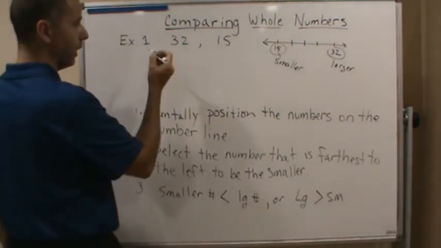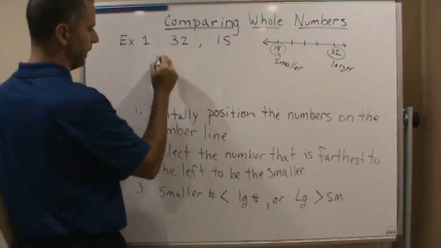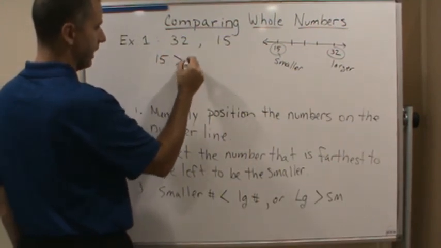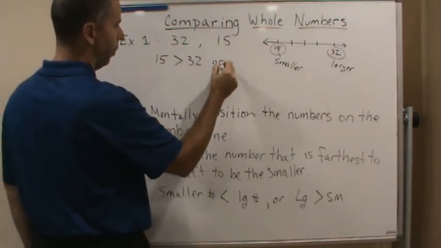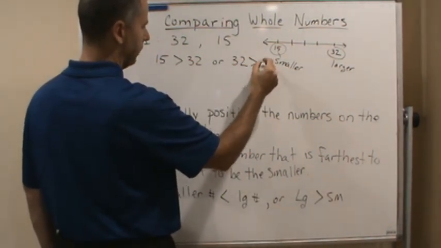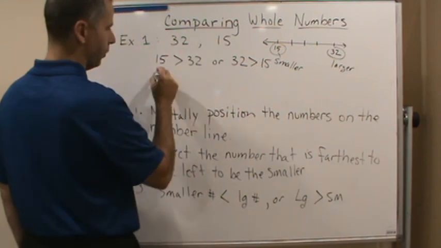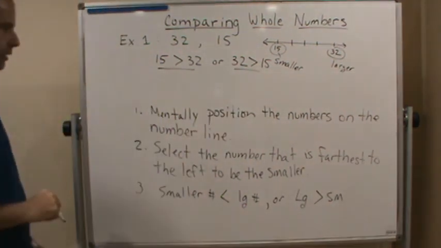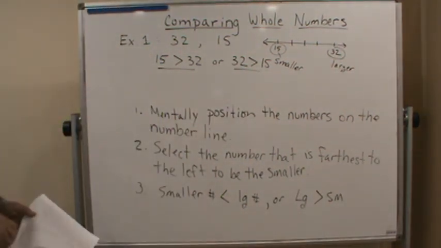We can either say 15 is less than 32, or we could say 32 is greater than 15. Either way works. And that's it.